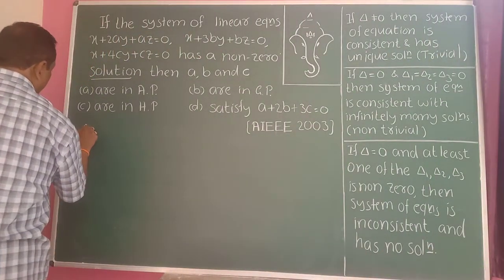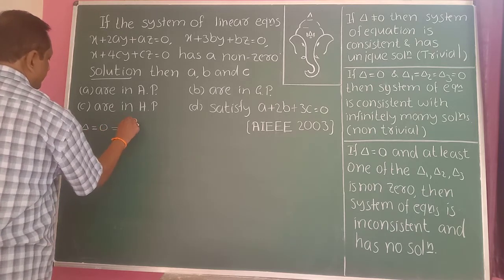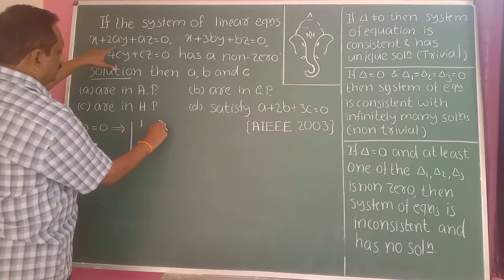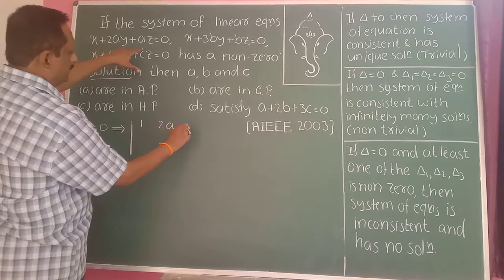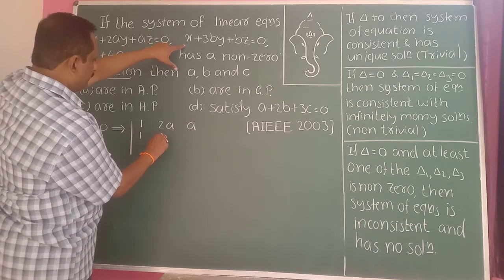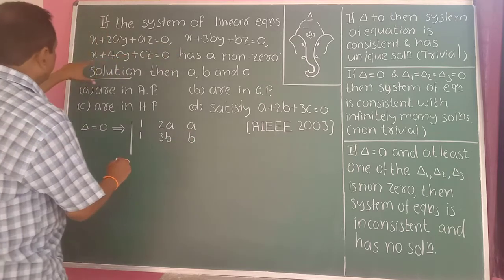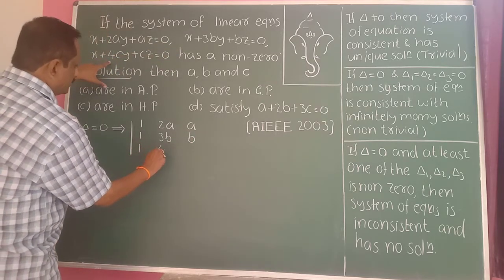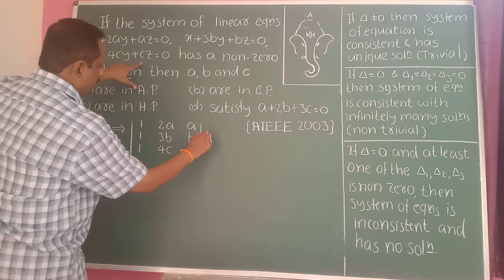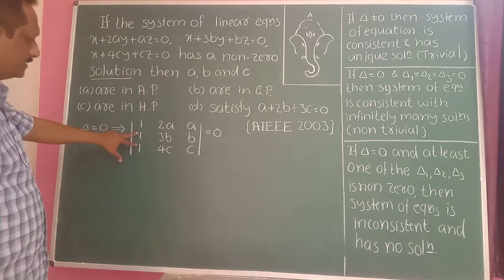So delta equal to 0 implies the determinant with rows 1, 2a, a; then 1, 3b, b; next 1, 4c, c, is equal to 0. Make two terms zeros here.